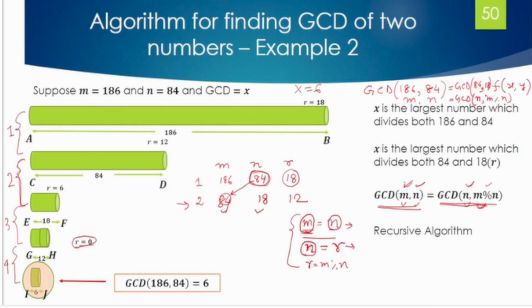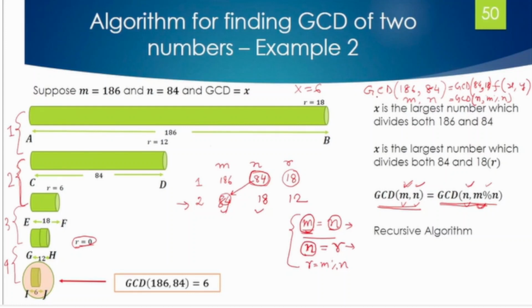The values of the arguments are different: now it is 84 and 18, earlier it was 186 and 84. But the function still remains the same. What is happening here? In a function, sometimes the values of x and y may be x1, y1 and other times they may be x2, y2.